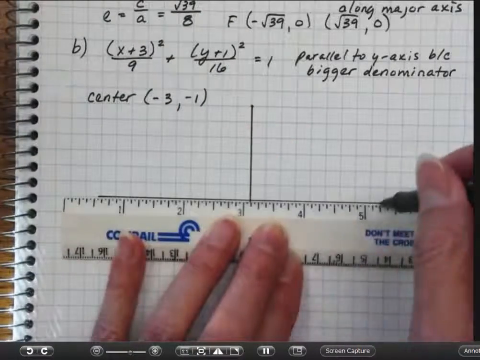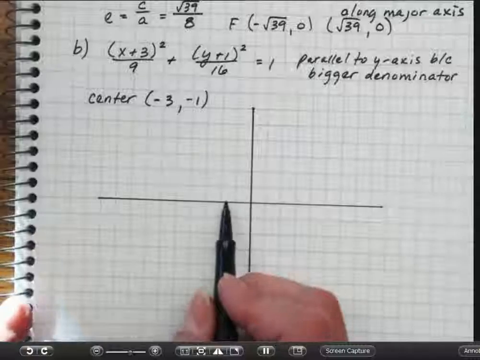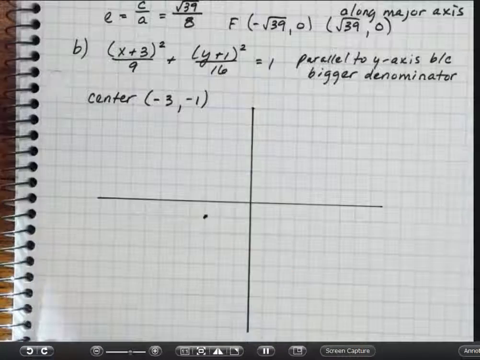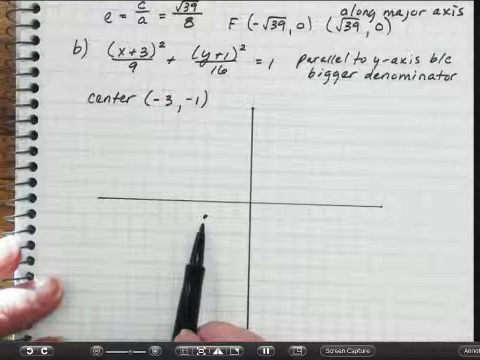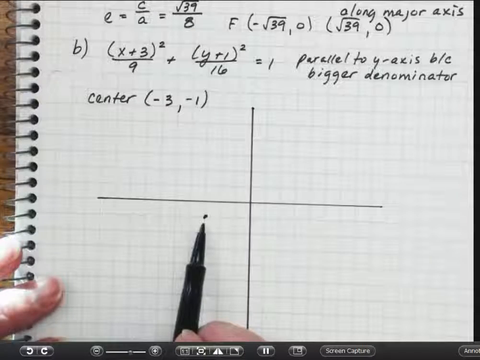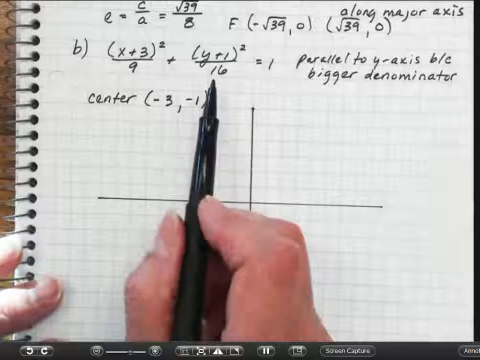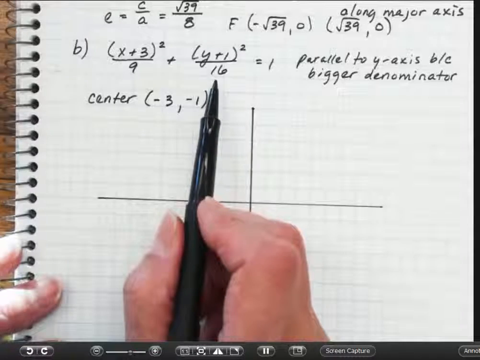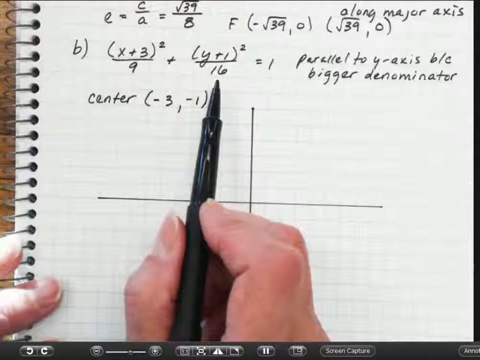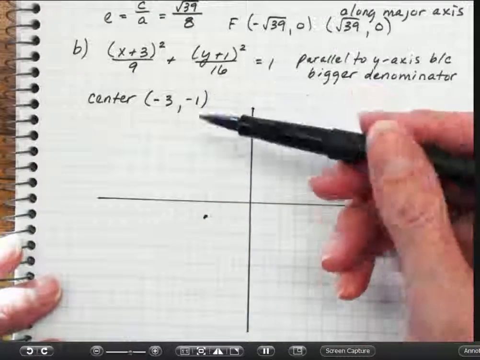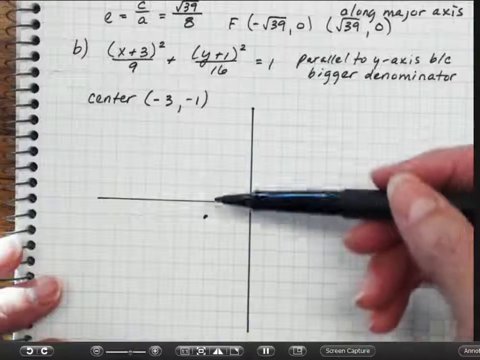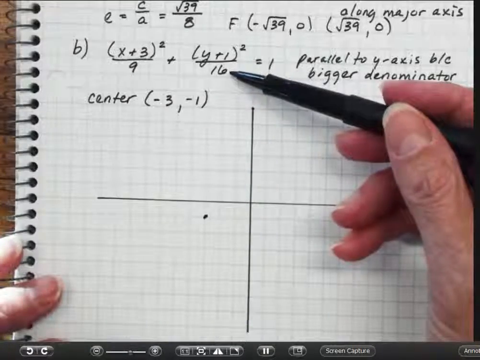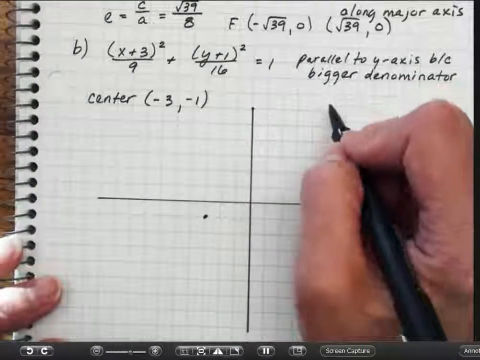So my center is at negative 3, negative 1. There's my center. From my center, which way am I going to be going for the major axis? Up, down, or left, right? Where is my larger denominator? Under the y. So my major axis is going to be parallel to the y-axis. So from my center, I'm going to be going up or down my a value. Well, a squared is equal to 16.